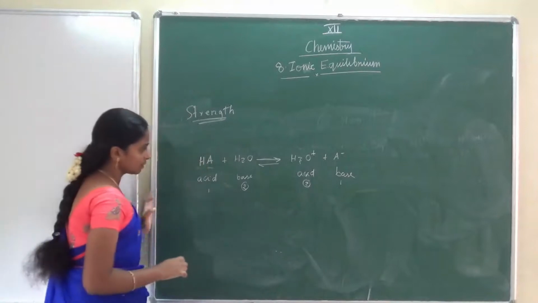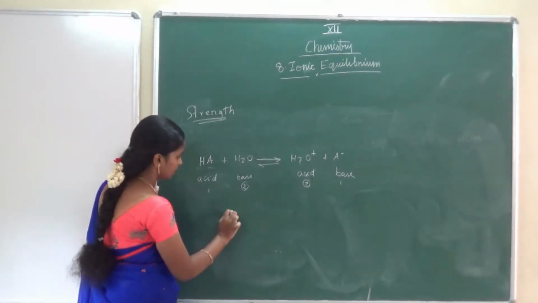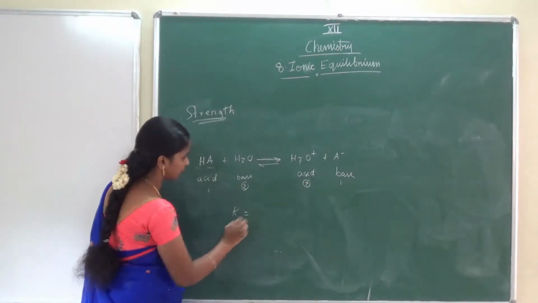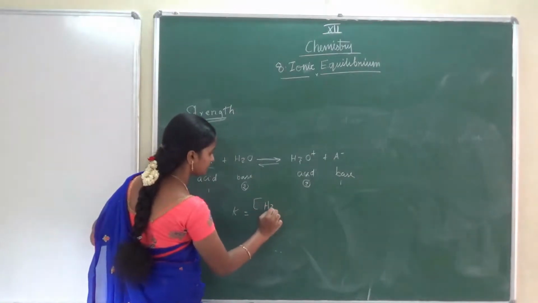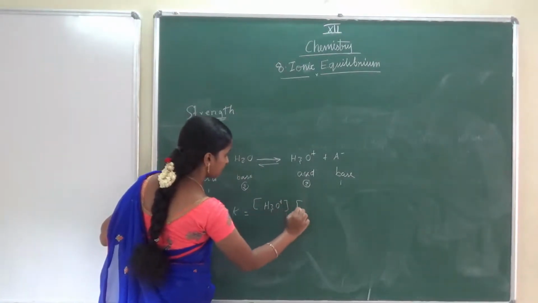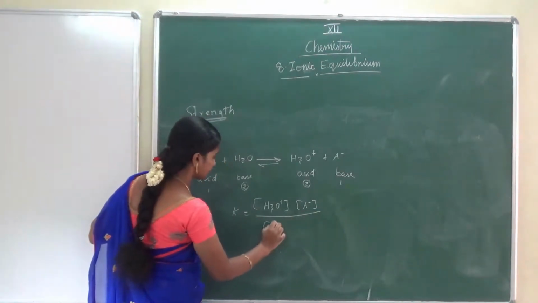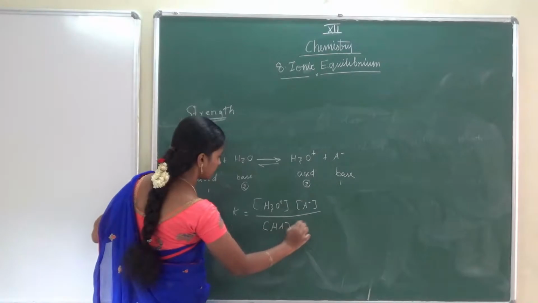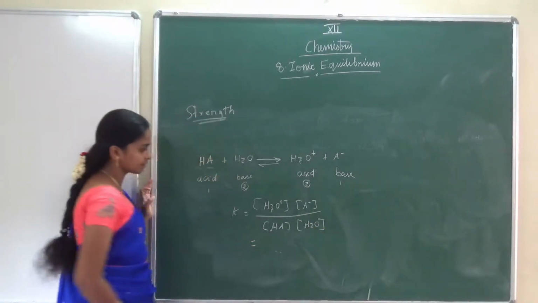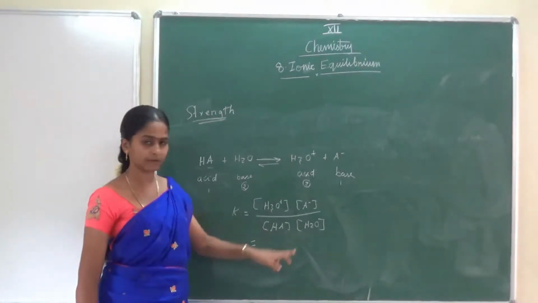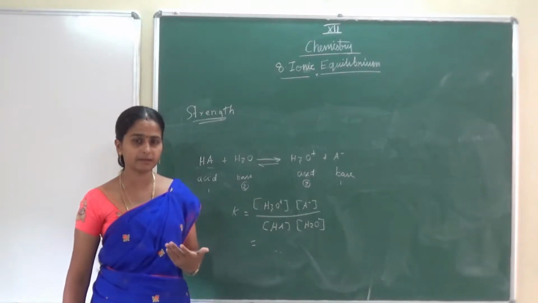Now we can write the K value for this equilibrium reaction: concentration of the product H3O plus into concentration of A minus divided by concentration of HA into concentration of H2O. In this case the concentration of H2O is negligible.